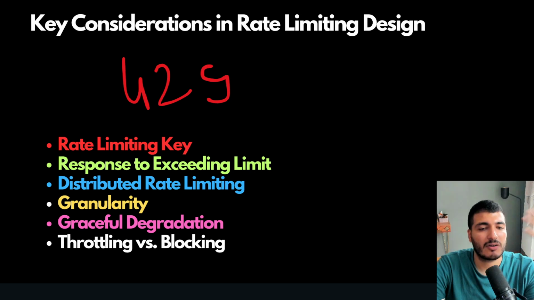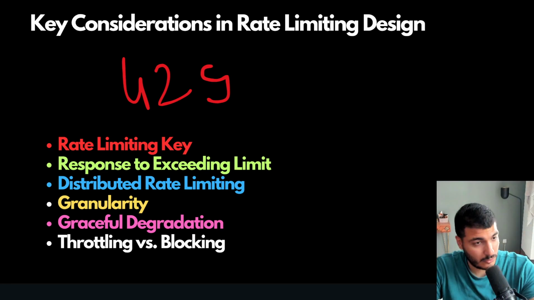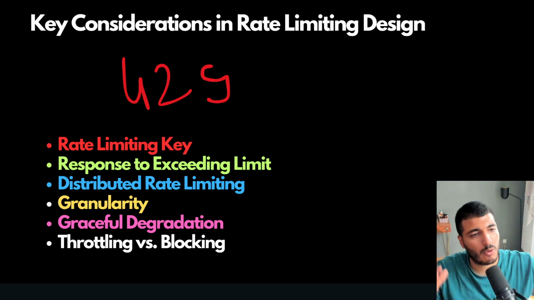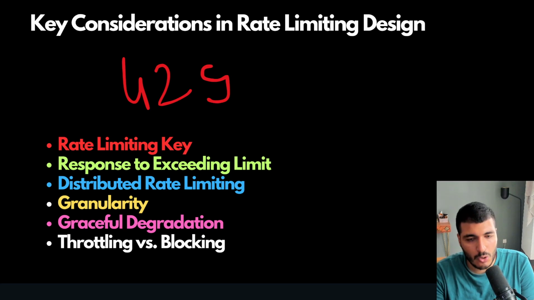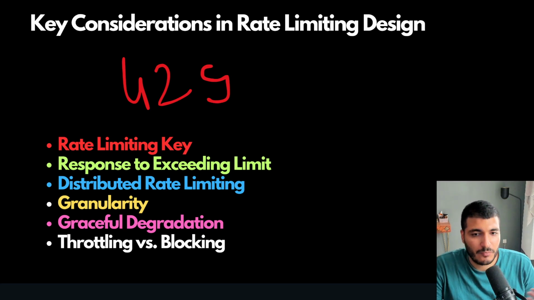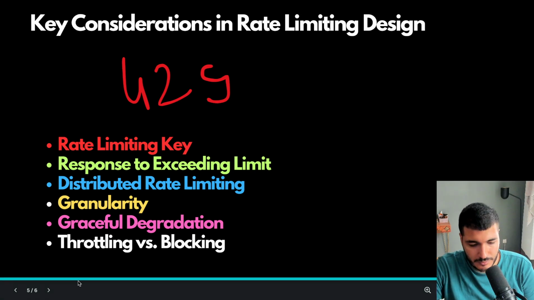Also, there is graceful degradation: what happens if the rate limiter itself becomes a bottleneck or fails? Design it to fail gracefully, perhaps allowing all requests through temporarily. Also, we have blocking and throttling: do you hard block requests, or do you queue them and process them more slowly, which is throttling? It depends on your use case.